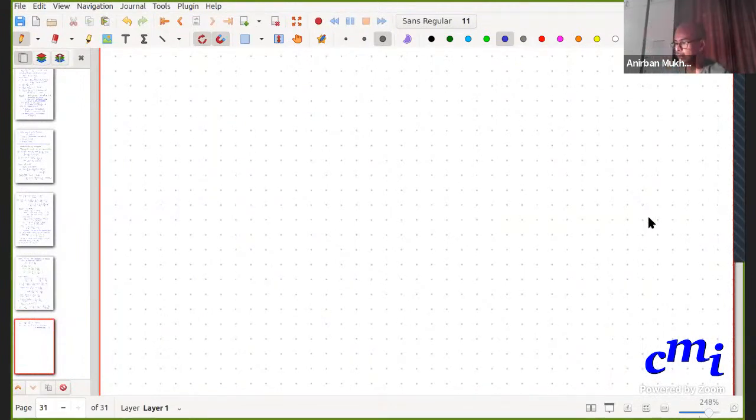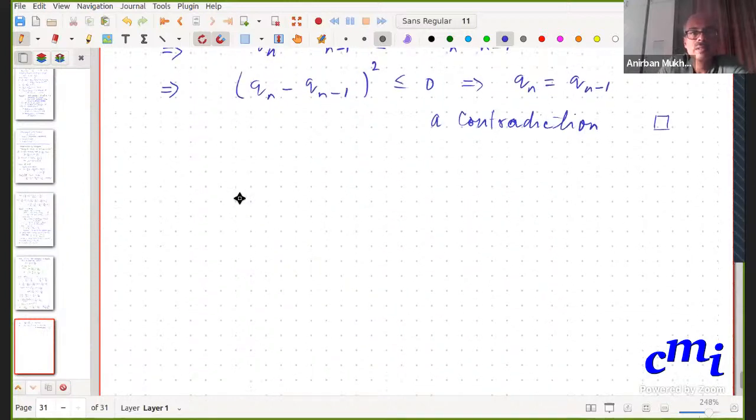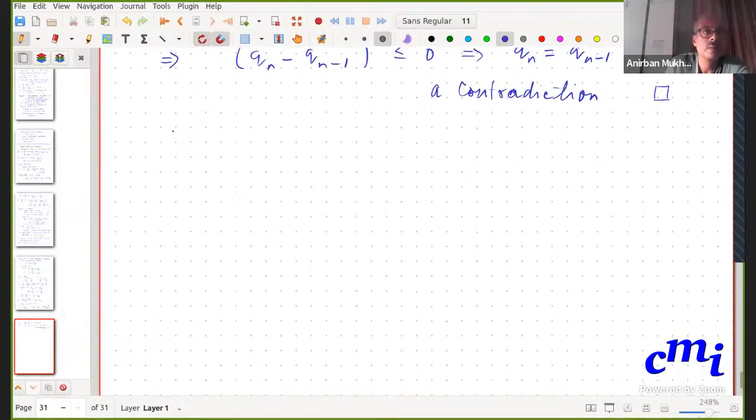Actually, the converse is also true, that if this inequality is satisfied, then p by q has to be a convergent. So the converse is true. I won't prove it now. Let me just write that.